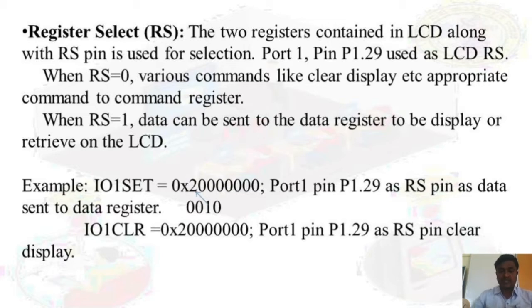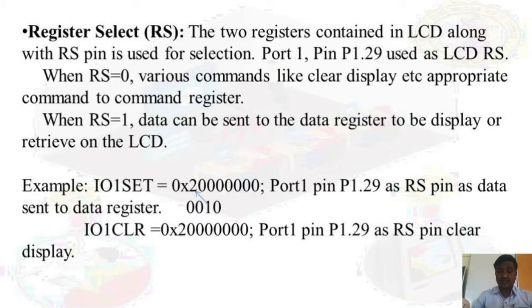For example, here IO1SET equals 0x20000000, that is port 1 pin P1.29 as the RS pin, as data is sent to the data register. That means we are setting it to 1. The 2 can be written as 0010 as shown here, and if it becomes 1, then data will be sent to the data register.